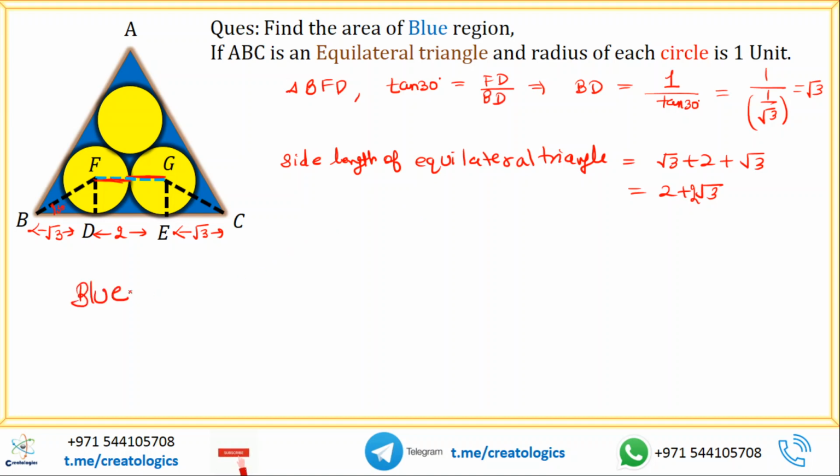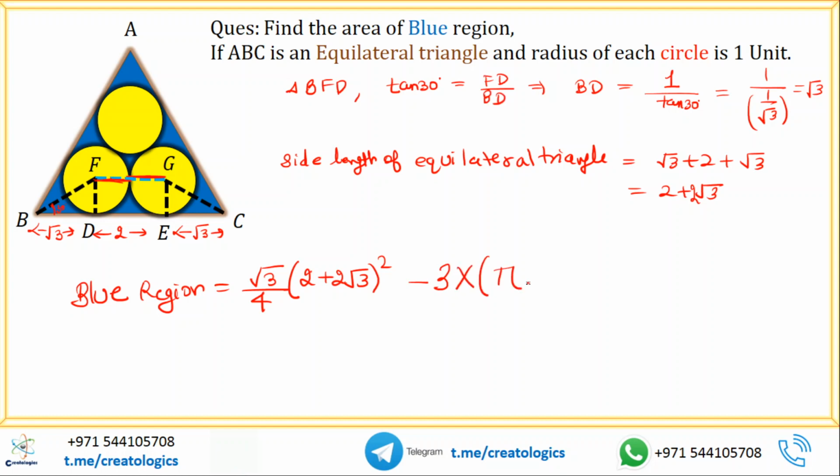So as I said, that blue region is given by the difference of area of the triangle ABC, which is root 3 by 4 a square, side square, which is 2 plus 2 root 3 whole square, minus area of the circles. So I can say 3 times area of each circle, which is pi times 1 squared.